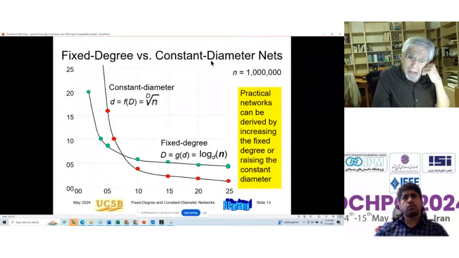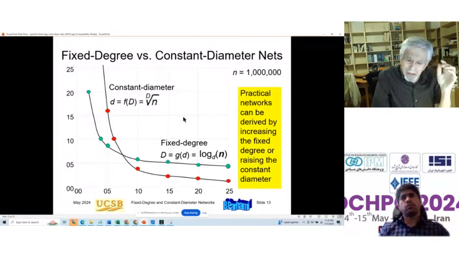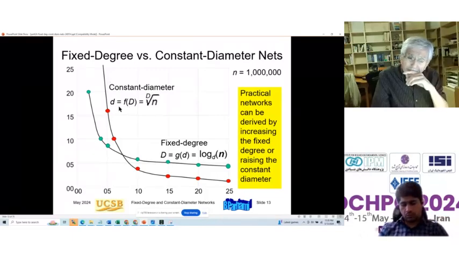So these are the really very rough charts that I've shown here. Take it with a grain of salt.